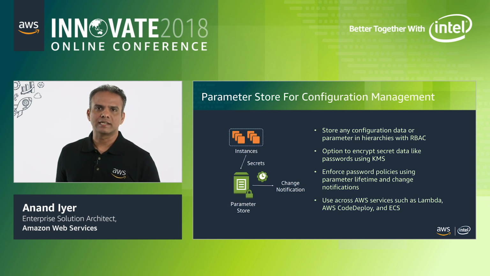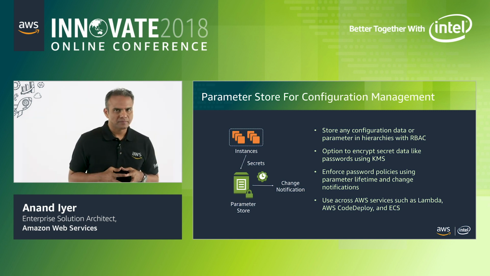It natively integrates with a number of AWS services, so it's easy to use, and it's created for cross-account configuration management. It also is capable of sending notifications when something changes, so you can hook automation into it to trigger updates to your environments.